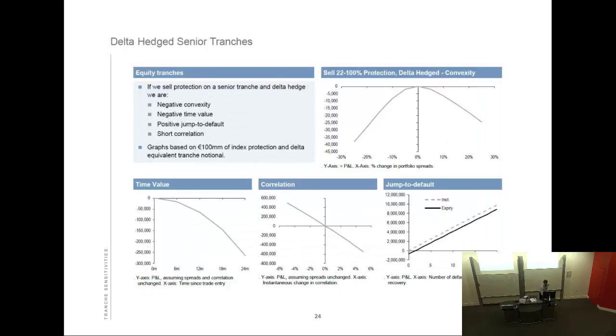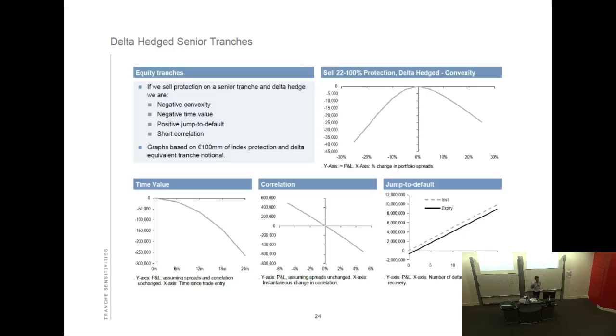So your time value is negative. Over time, you lose money if nothing happens, right? So that's interesting. That's not obvious. Effectively, your delta is higher than the ratio of spreads. That's why your time value is negative.